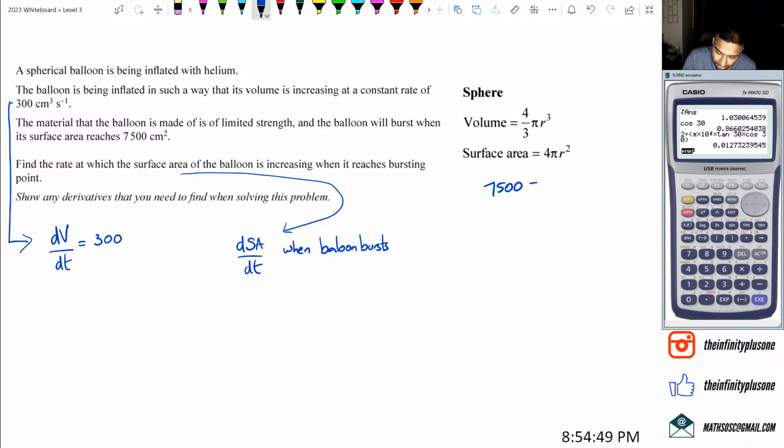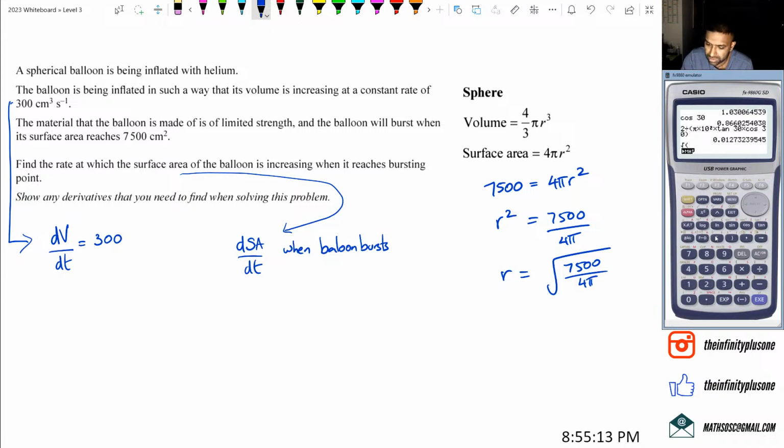I'm going to put down 7,500 equals 4πr². So r² is equal to 7,500 divided by 4π, and then r is the square root of 7,500 divided by 4π. This is to give me an idea of what r is going to be. So I've got 7,500 divided by 4 times pi.